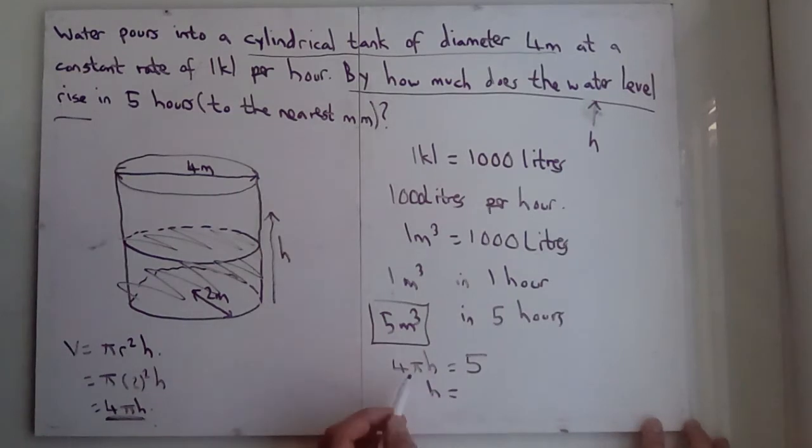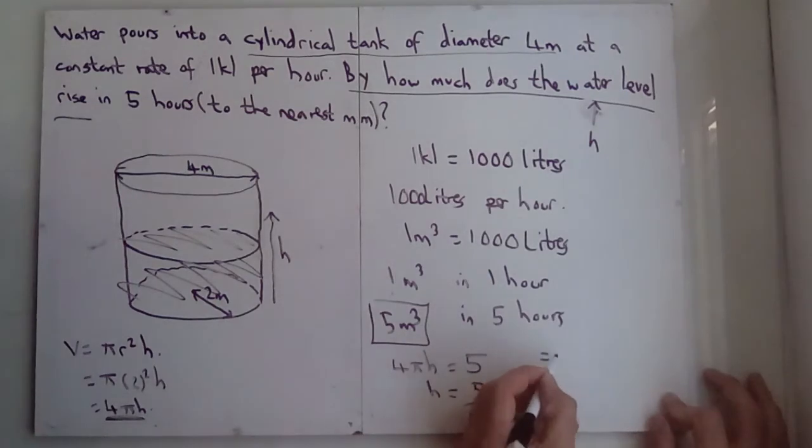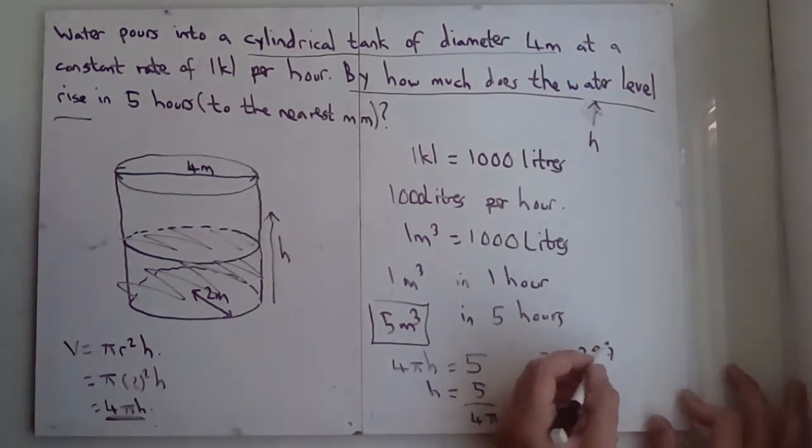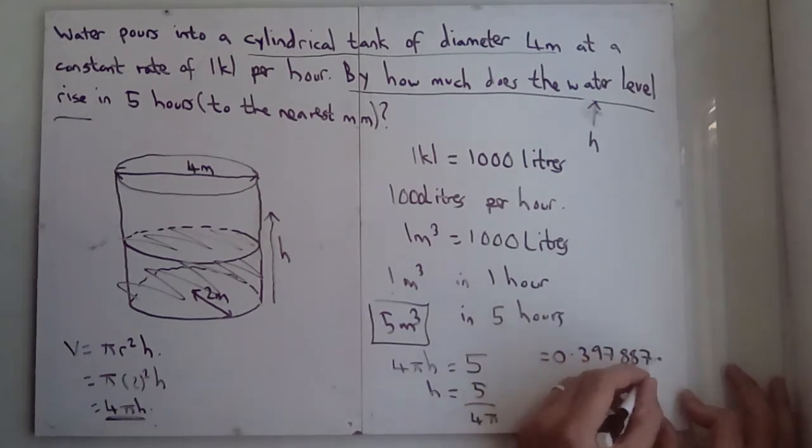Well, h must be equal to 5 divided by 4 pi. 5 divided by 4 pi is definitely a calculator question. That equals, just using your calculator, 0.397887, and that will do.